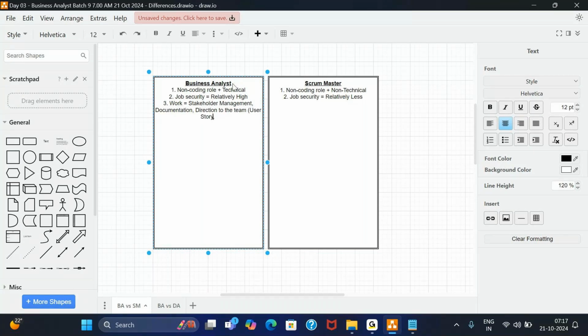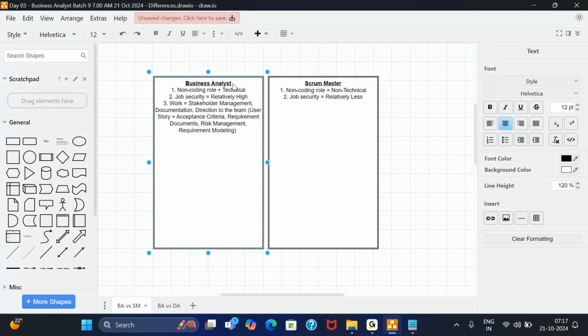Things like user story, requirement documents, and we will have requirement modeling as well.